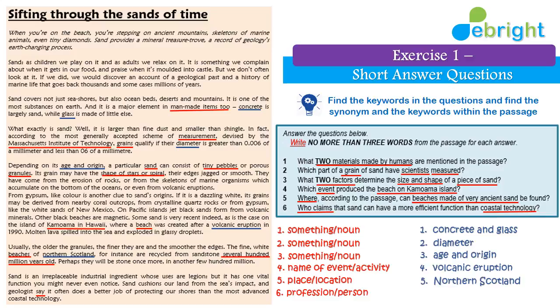And then the last keyword is coastal technology. You also have coastal technology over there in the last line. So the correct answer is geologist, as we need a profession or person as the correct answer.